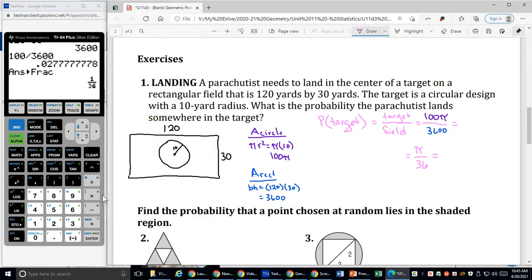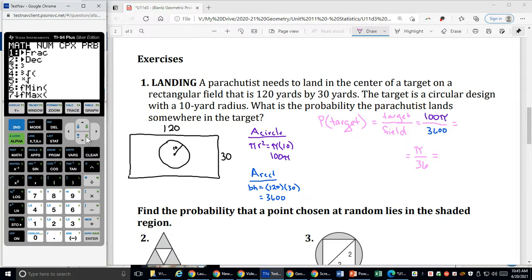And then as a percentage, I'm not going to be able to hit math decimal because look at what I'd be turning into a decimal, 1 out of 36. But it's not really 1 out of 36. It's pi out of 36. I'm going to clear that out. I'm doing pi under the clear button in blue, second pi, out of 36.